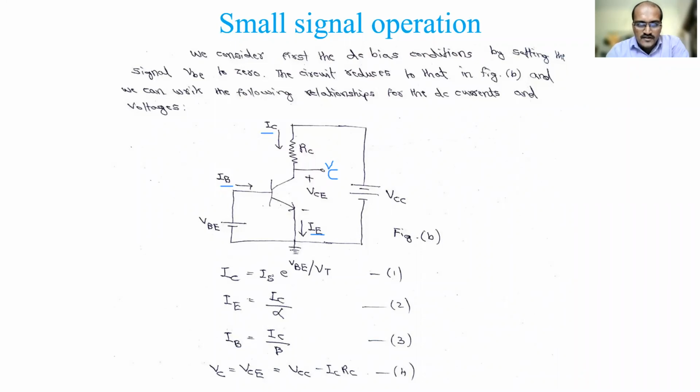So the expression, if you write, is the collector current expression relating saturation current and thermal voltage. Thermal voltage is something very important for transistor operation. IC is saturation current IS times e to the power VBE by VT. This VBE is the applied input voltage divided by VT. VT is the thermal voltage, because the transistor depends on the temperature where you are working.